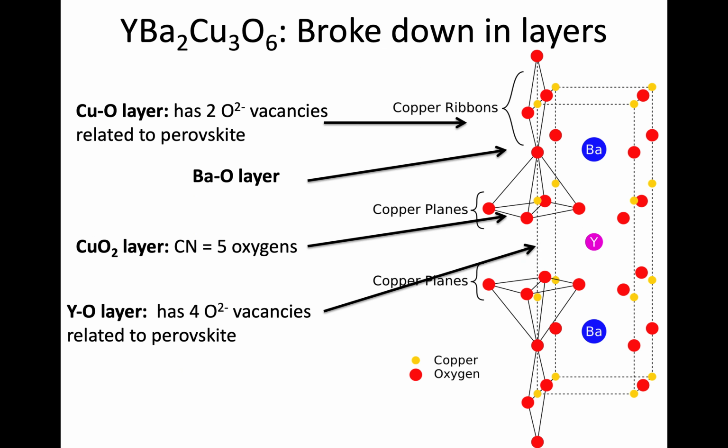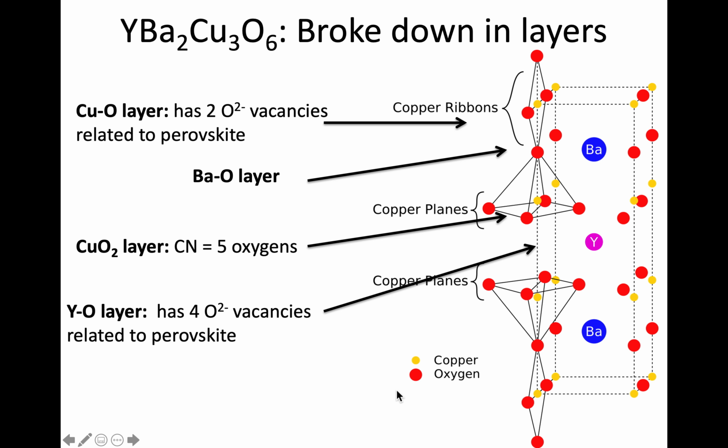superconductor. When we talk about superconductivity in these very complex oxides, the structure gives it the ability to conduct these electrons in the way that it does.